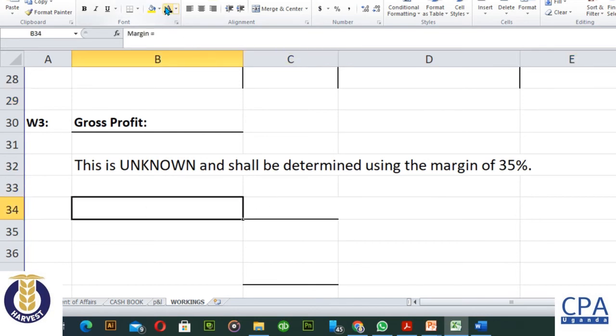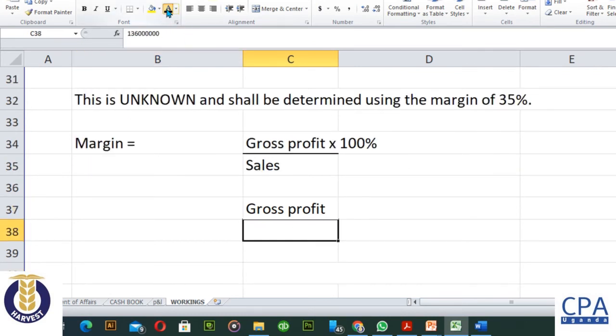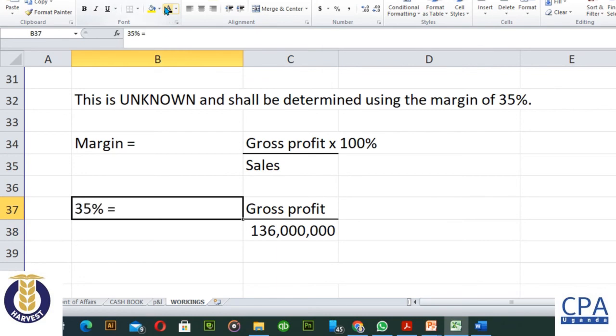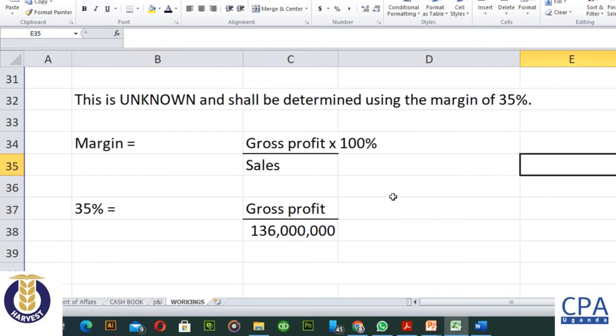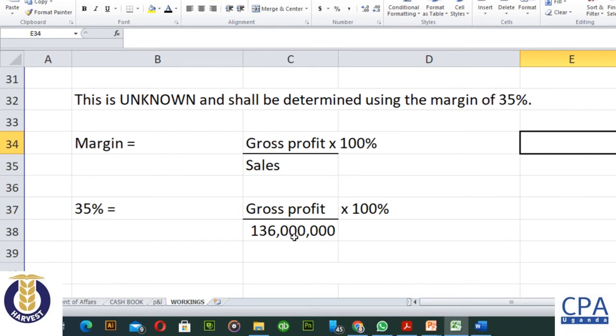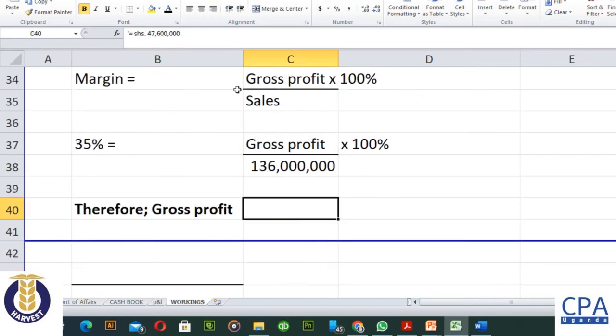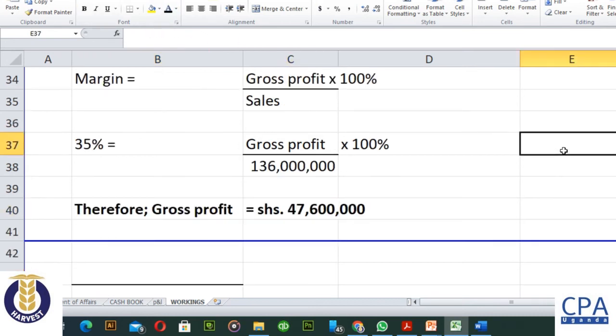So our margin, I shall pull out the formula: gross profit divided by the sales times 100%, and thank God we have the sales as 136 million, and we also have the margin as 35%. So if we substitute in the formula for the margin, that leaves us with the subject of the formula, which is the gross profit, which is 47.6 million.